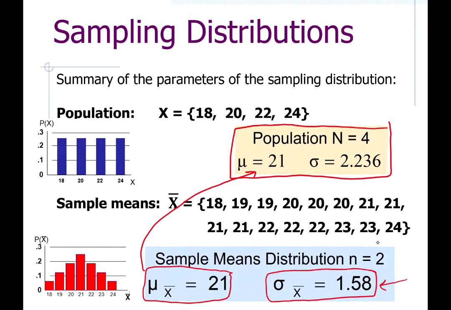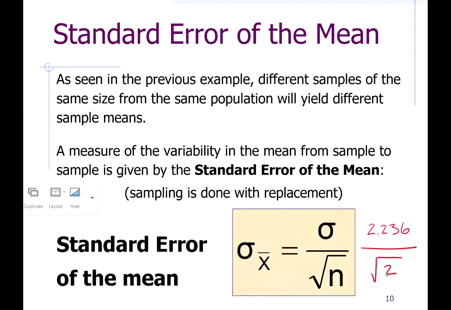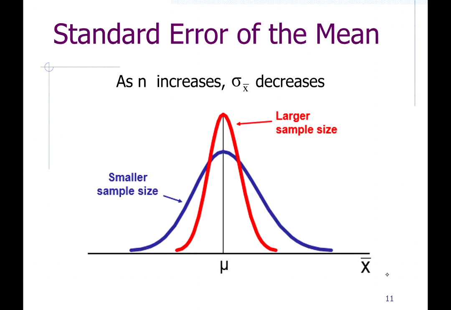If you take this standard deviation of the original data and you divide that by the square root of 2, you get the 1.58. And that's where the 1.58 is coming from. And as I said, as the sample size increases, the standard deviation of the sample means decreases and gets smaller and smaller.